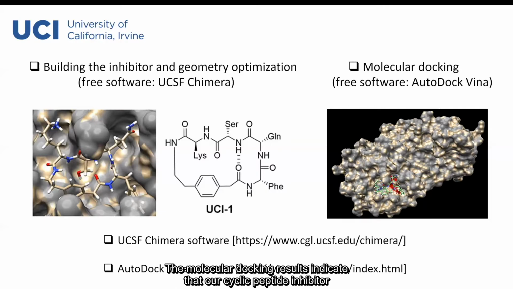The molecular docking result indicates that our cyclic peptide inhibitor fits into the binding pocket of the protein active site of the SARS-CoV-2 Mpro. These molecular modeling studies have helped our research laboratory decide to synthesize and experimentally evaluate this cyclic peptide inhibitor.